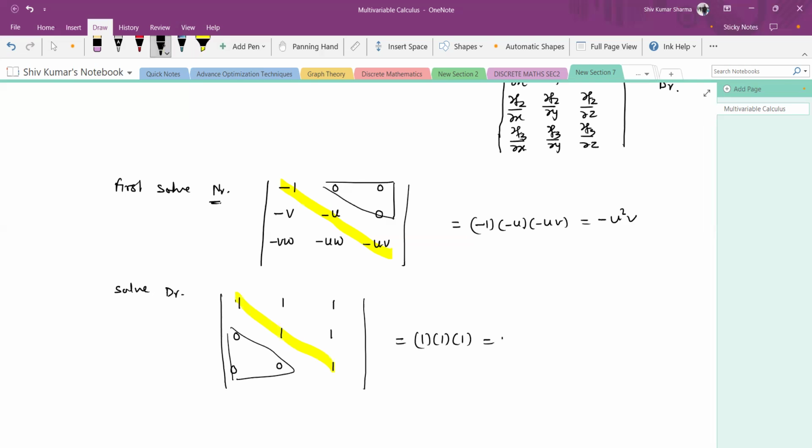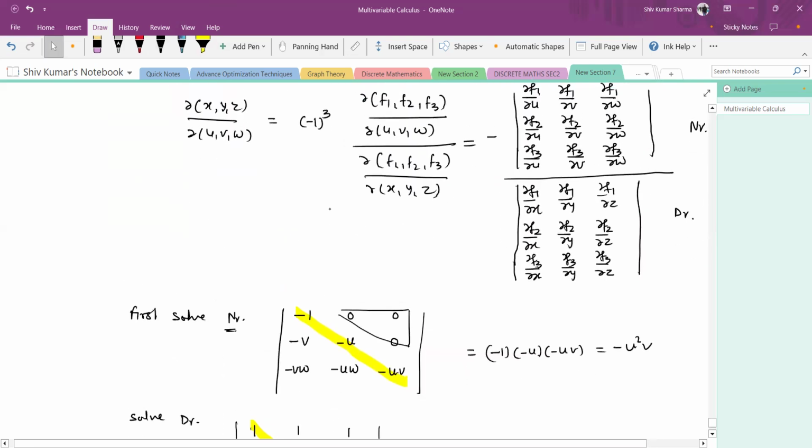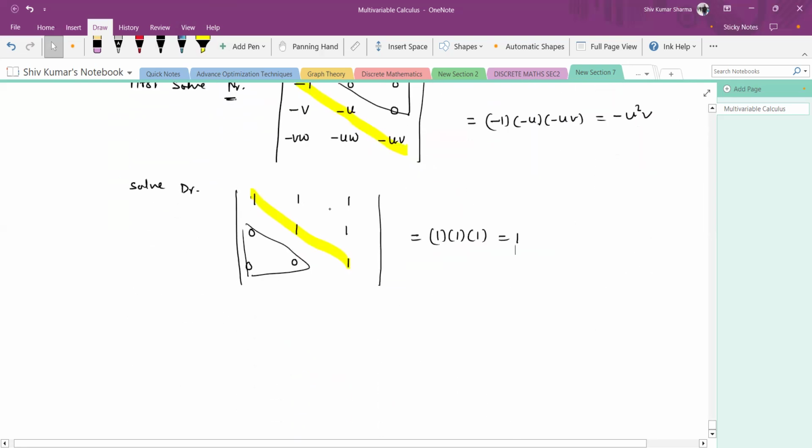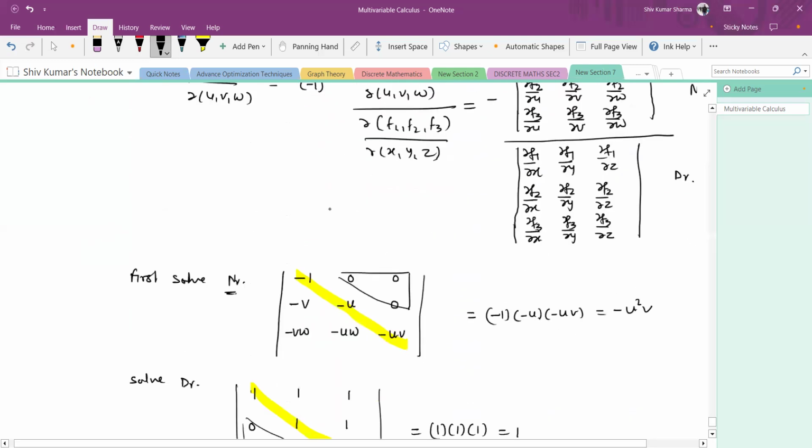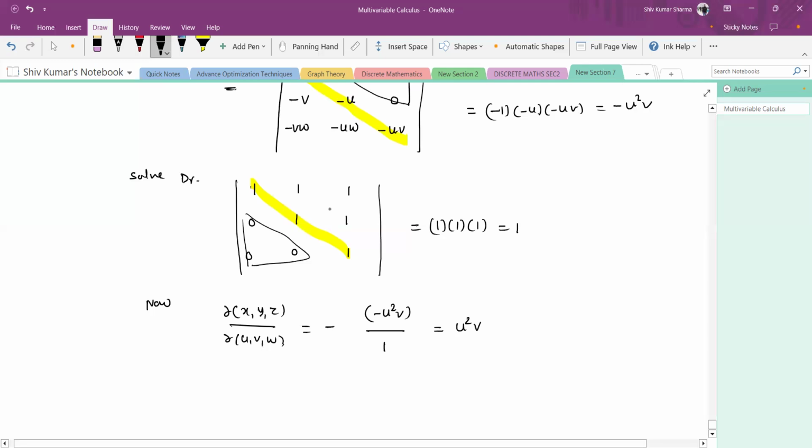Putting this into the above equation, the Jacobian of x, y, z with respect to u, v, w is equal to minus, the numerator we calculated as minus u squared v, upon the denominator we calculated as 1. Minus minus is plus, so we have u squared v. So our result is obtained. Proved.